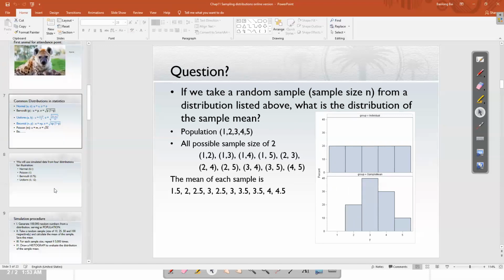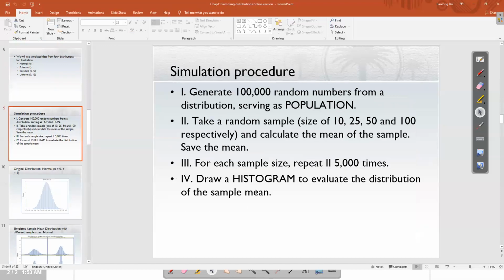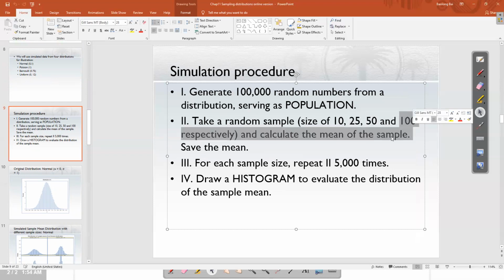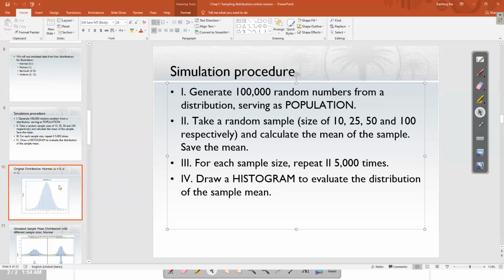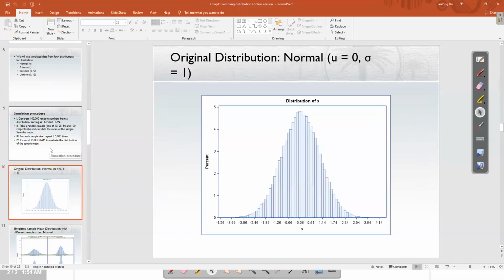The computer can do it very quickly. So then after we finish sample size of 10, we can change the sample size to different numbers. You have 25 individuals or 50 or 100, and you want to see if sample size will play a factor in the distribution of X bar.